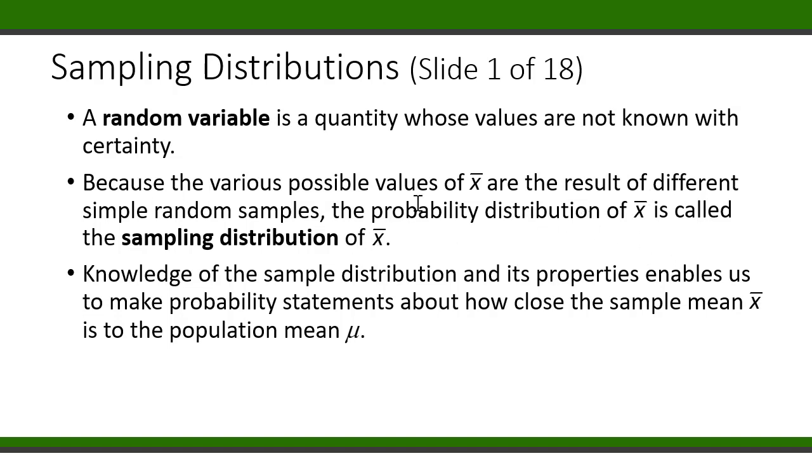That distribution is called the sampling distribution of X. It's this distribution and its properties that enable us to make probability statements about how close the sample mean is to the population mean.